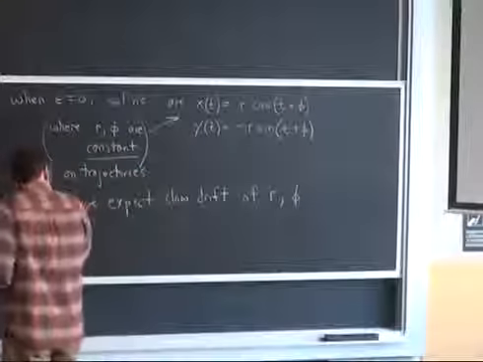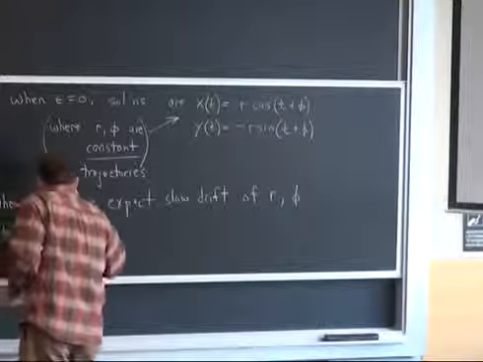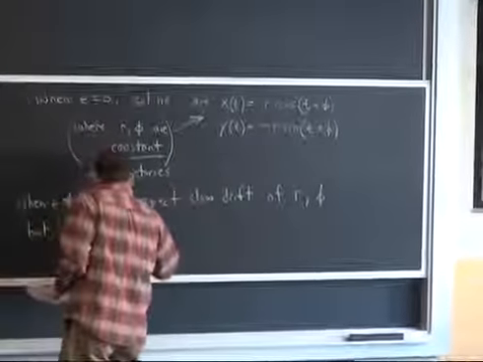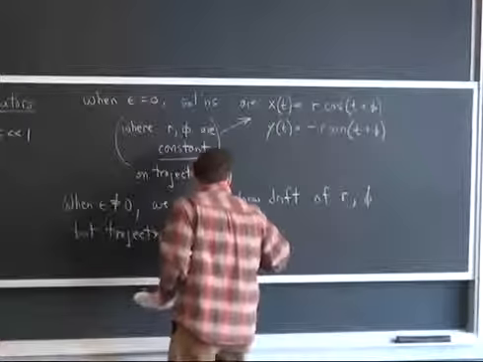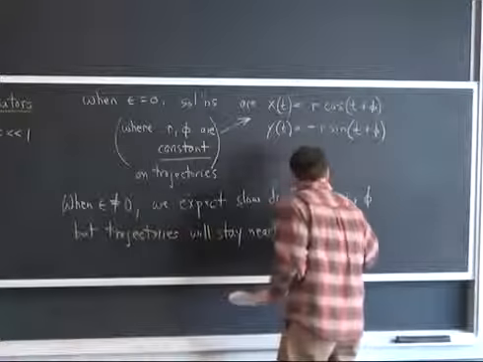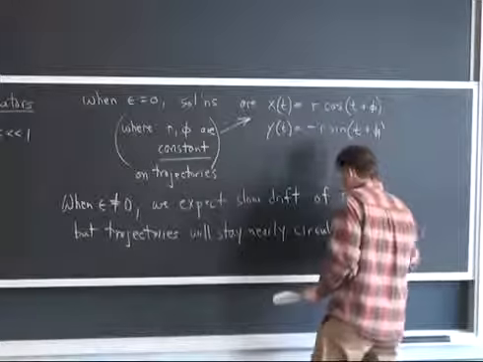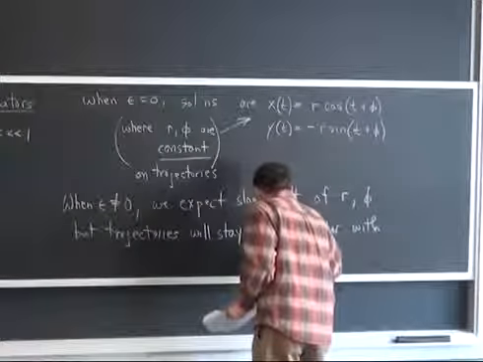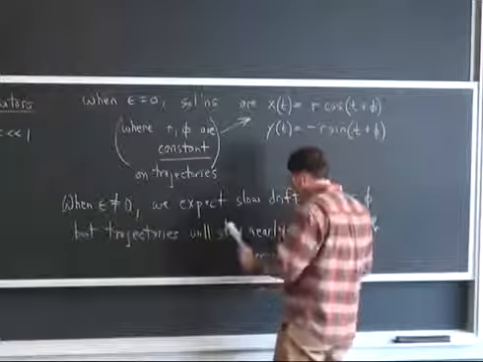So trajectories will stay nearly circular. With period, I hesitate to call it period because they're not exactly closed, so they don't really have a period.